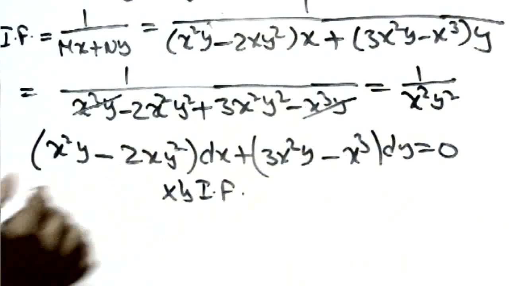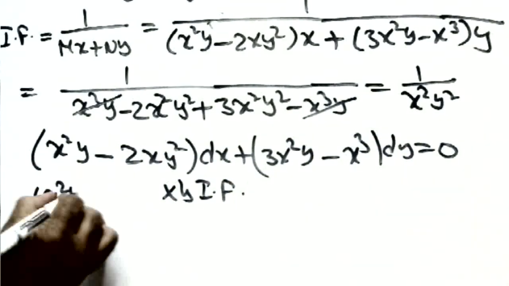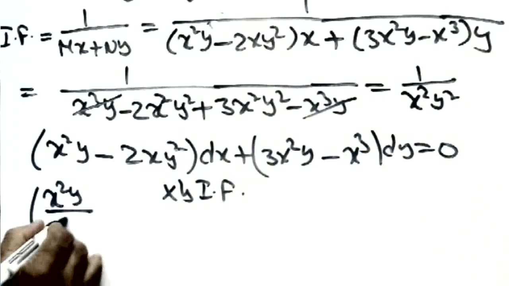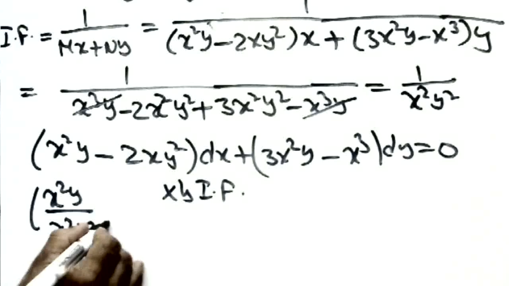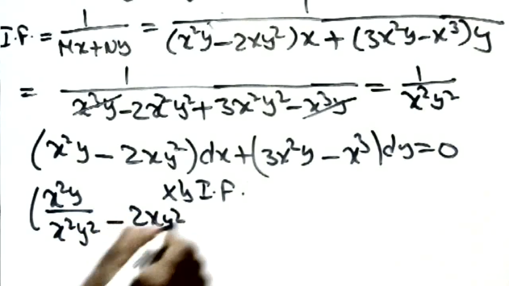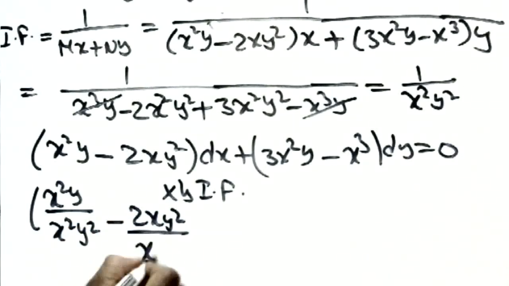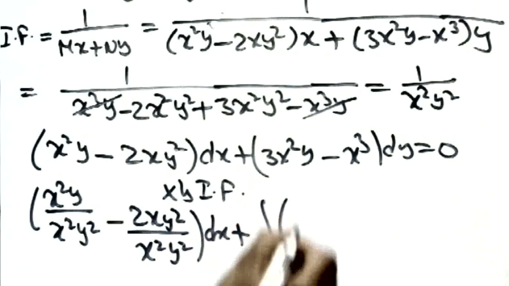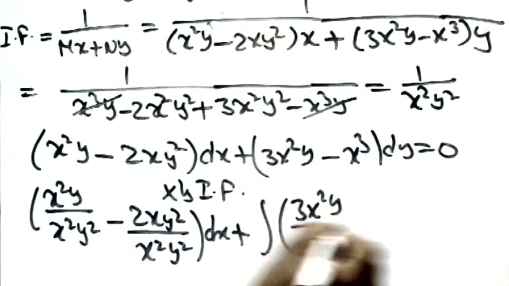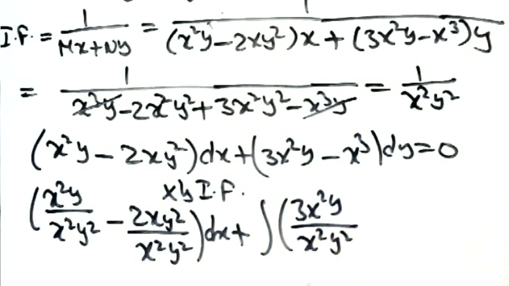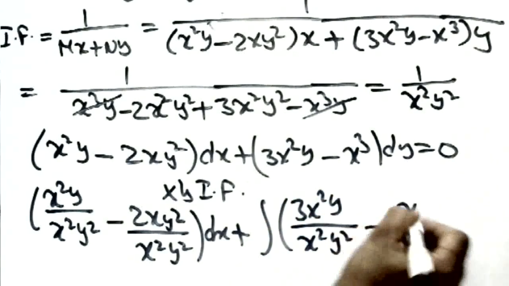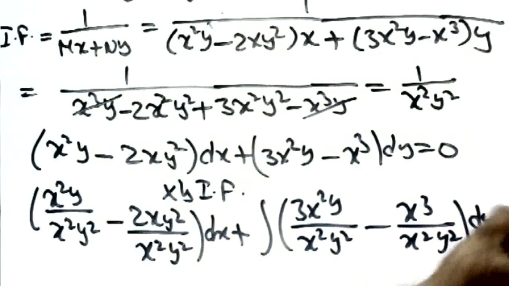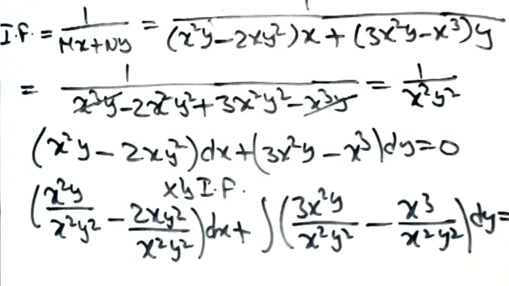So let me multiply this all with, actually this denominator, we get x square y square in the denominator: x square y minus 2xy square by x square y square into dx plus 3x square y by x square y square minus x cube by x square y square dy.